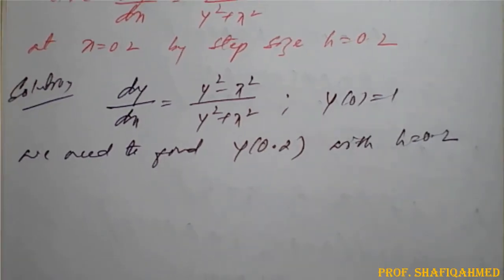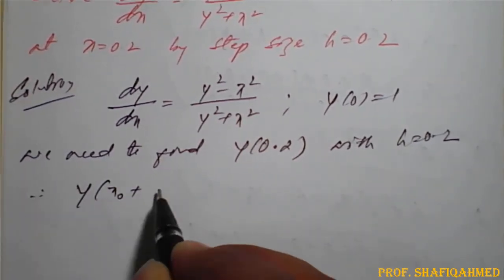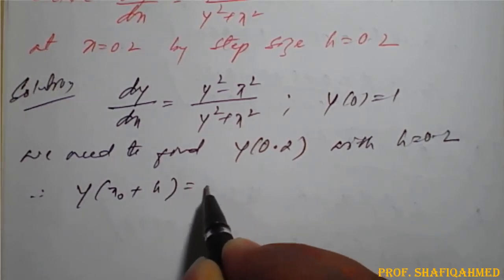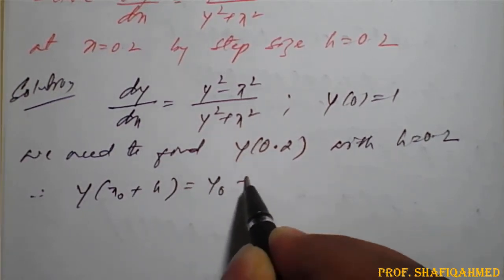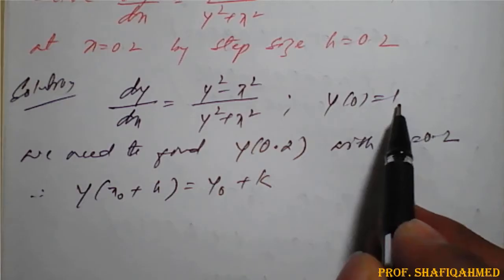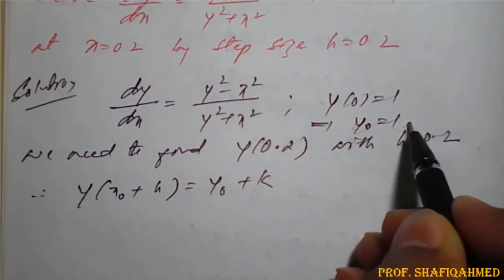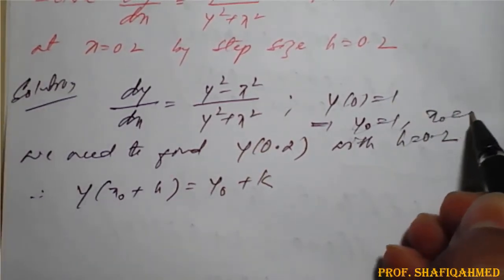So by formula we need to find y of x naught plus h is equal to y naught plus k. So this y of x naught is y of 0 is equal to 1, implies y naught equal to 1, x naught equal to 0.